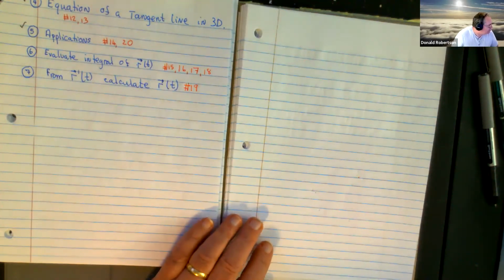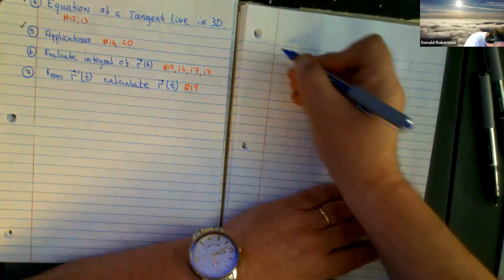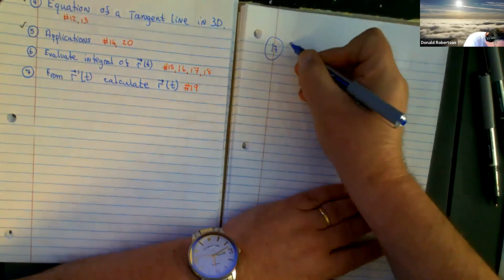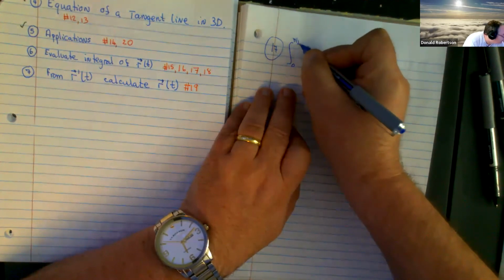Okay, let's do some examples of that. So, I've got 4 of them. I think I could probably do a couple and then we'll move on to the last piece. It doesn't matter what they are, they're all going to be messy. So here's question 17. It's from 0 to pi upon 4.